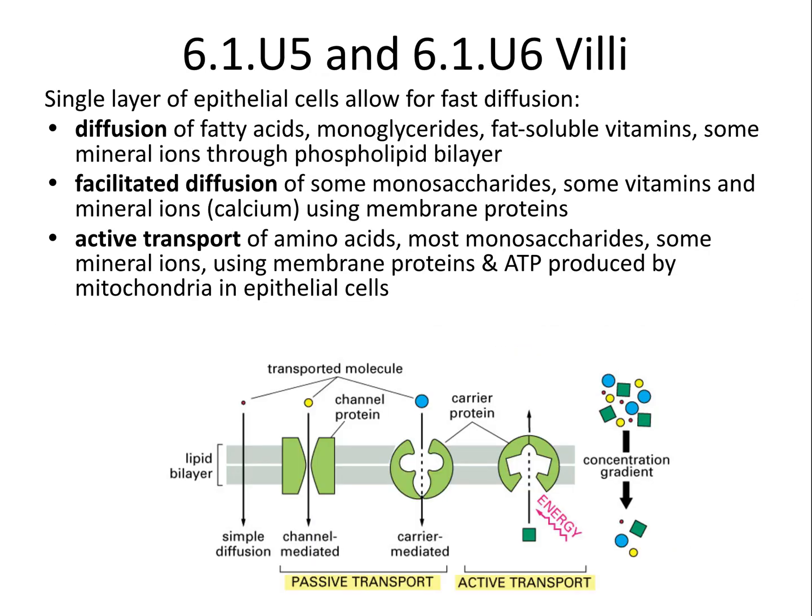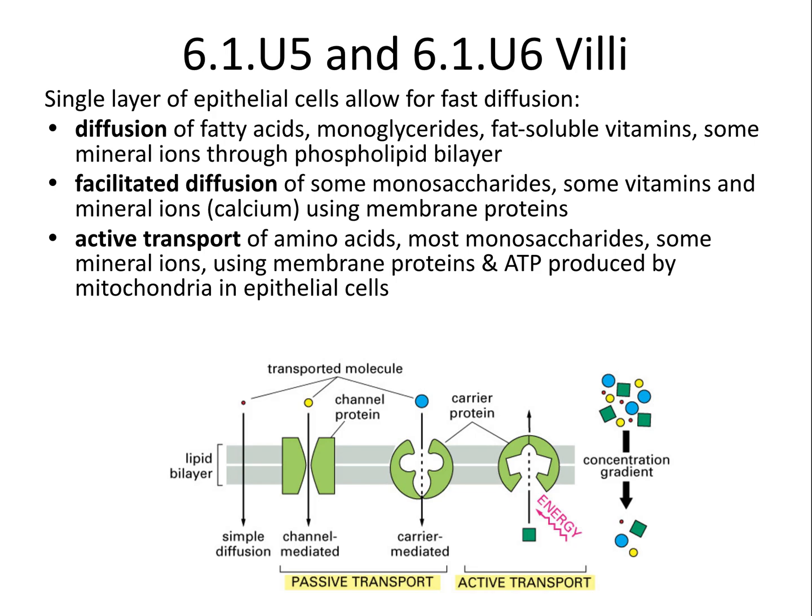So just one thing you have to understand is that there is a different method for getting these nutrients across the villi depending on what they are. So different types of diffusion have to occur. A single layer of epithelial cells allows for fast diffusion.